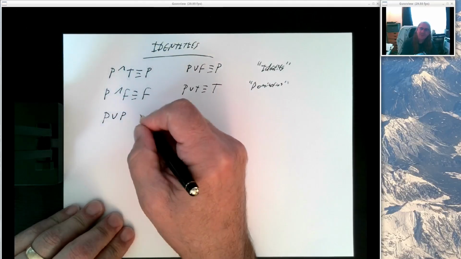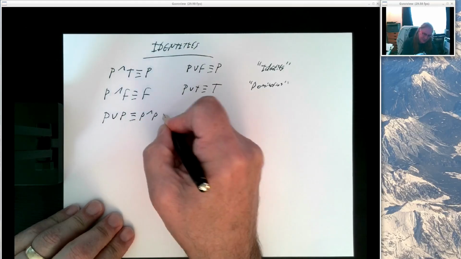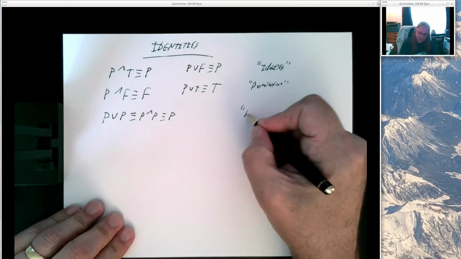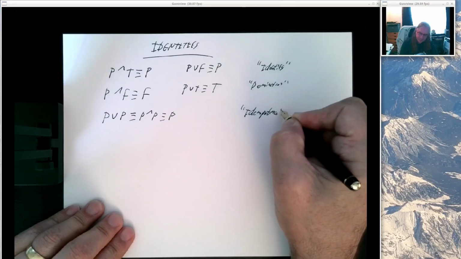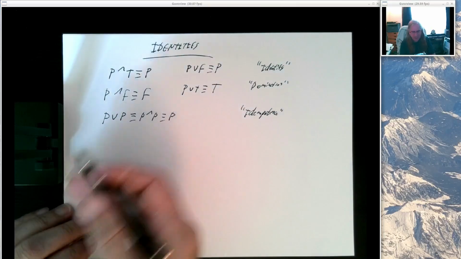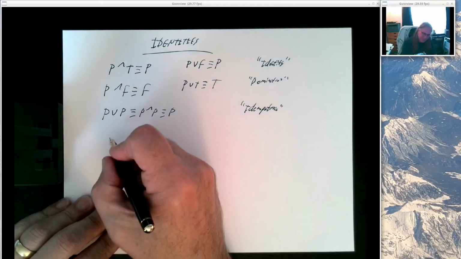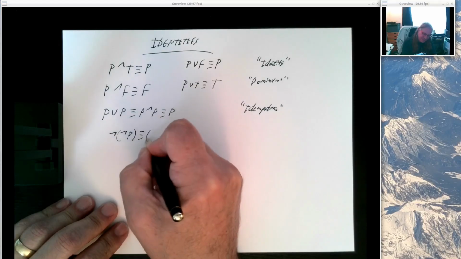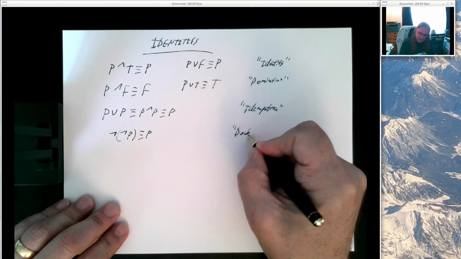Alright, P or P is logically equivalent to P and P, which is logically equivalent to P. That's called idempotent. So it's raining or it's raining has the same truth value as simply it's raining. The negation of the negation of P is logically equivalent to P. That's called double negation.